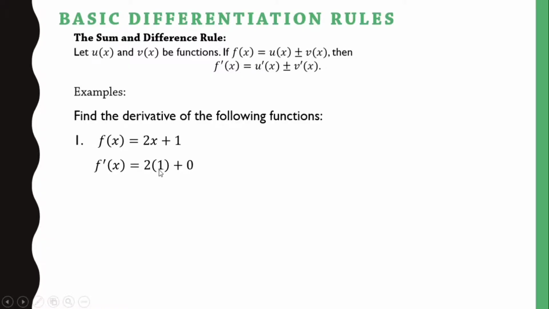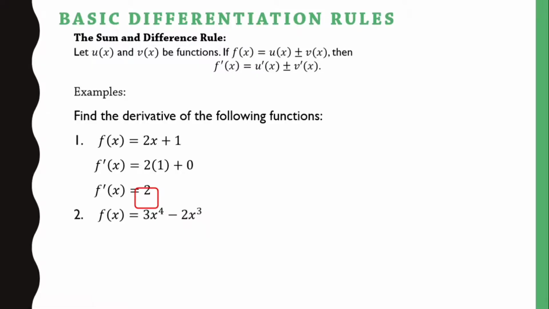So, 2 times 1 is 2 plus 0. That will give you the derivative, which is 2. Here we have f of x equals 3x raised to 4 minus 2x cubed as our second example.